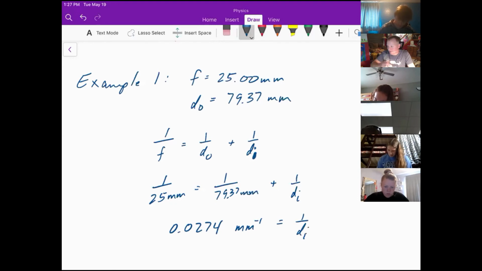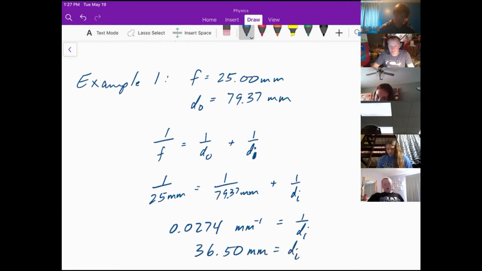And then I'm just going to flip that, using the x to the -1 button on my calculator. And I get 36.5 millimeters is equal to di.